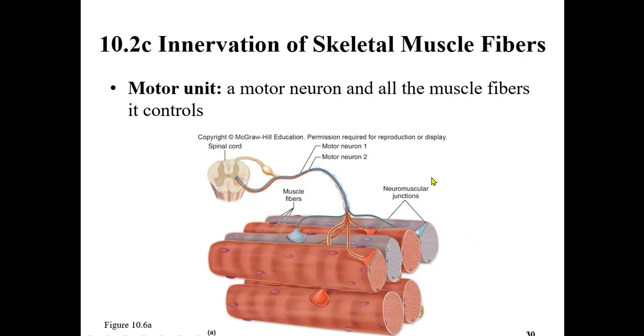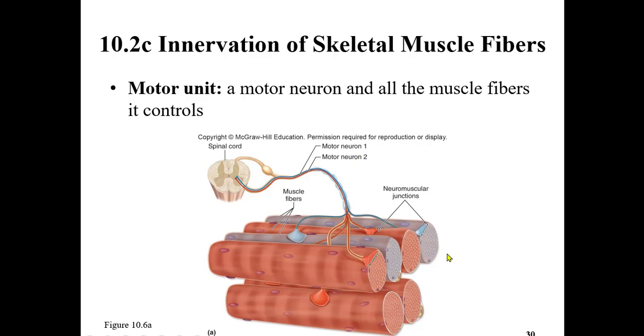Okay, now comes this slide. Motor unit. This definition is very important. A motor unit is a motor neuron in all the muscle fibers it controls. Okay, so a motor unit is a motor neuron in all the muscle fibers it controls. In this example, I see two.